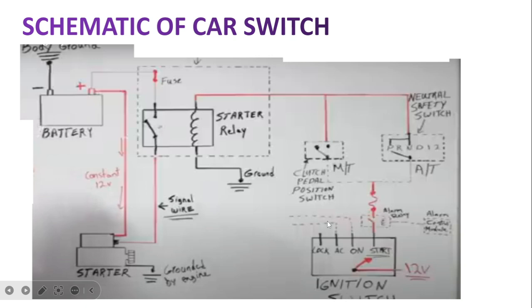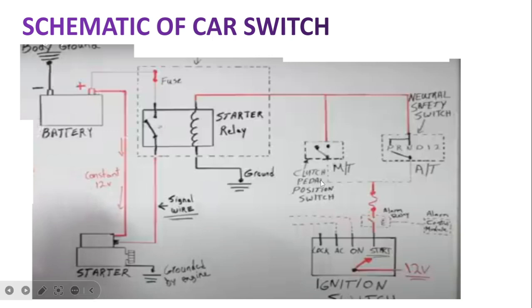Here is the ignition. This part is the ignition switch, and this part is the pedal position switch. Pedal position means clutch pedal position switch. Just below the clutch pedal there is an on-off switch, and this is a neutral safety switch. This is mostly used in automatic gear shifting cars.